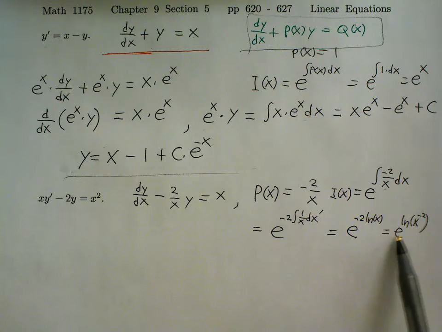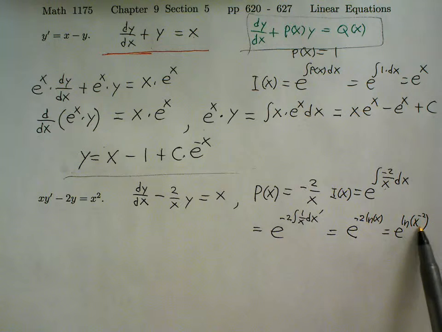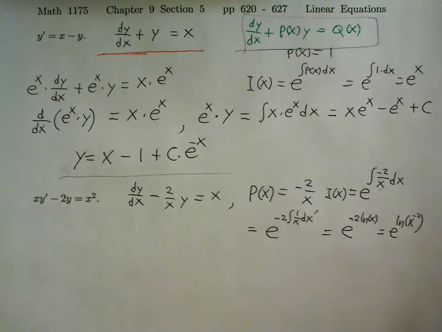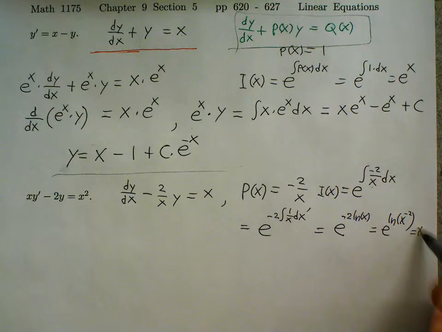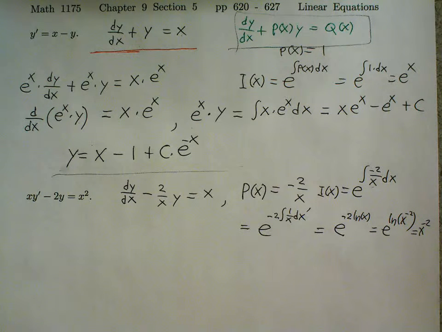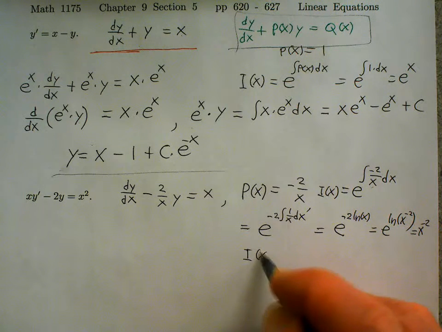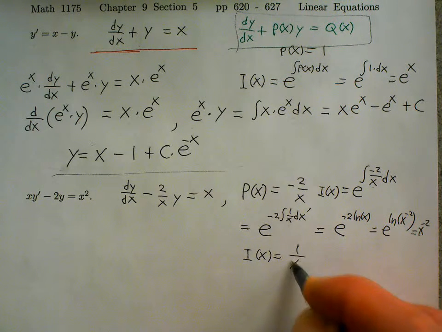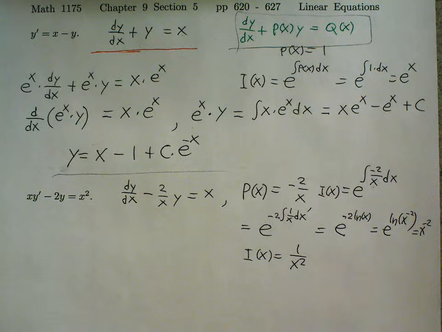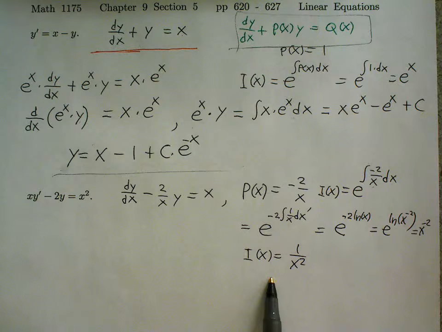And finally, e to the natural log of something is just whatever that something is. So this is just x to the negative 2. x to the negative 2 is equivalent to 1 over x to the second. So our integrating factor is 1 over x to the second.